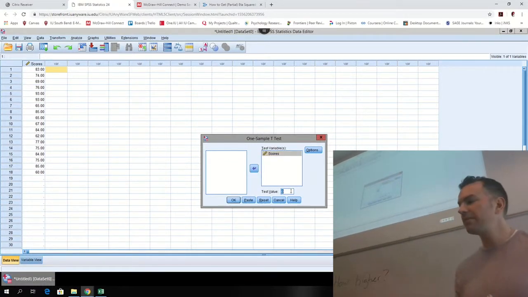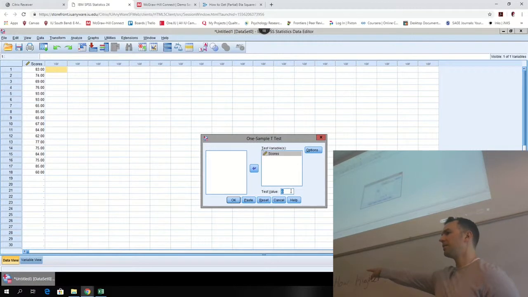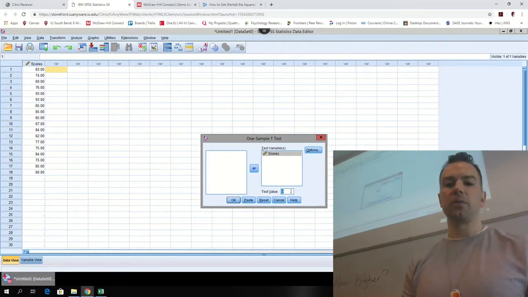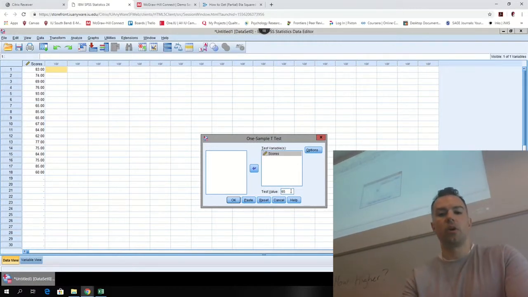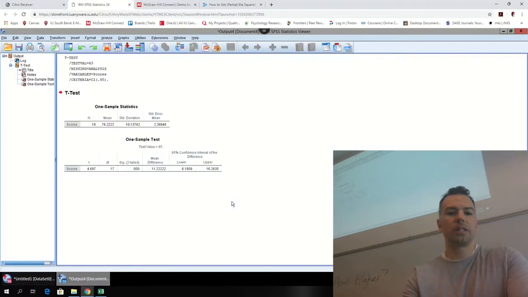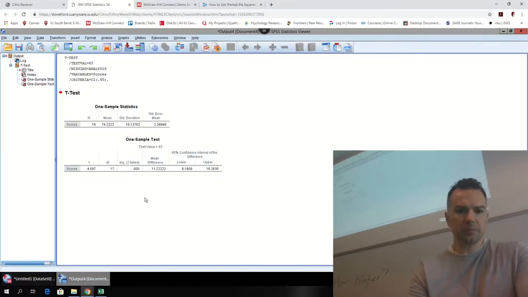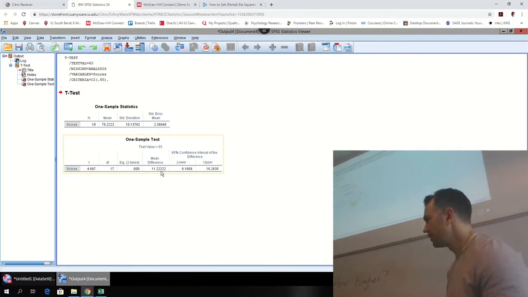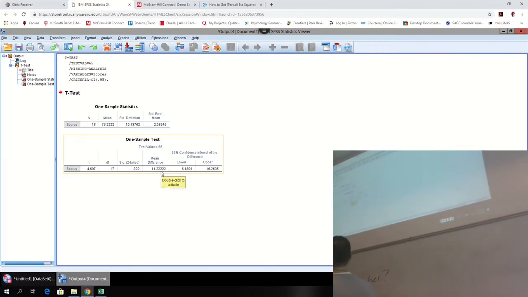And then for the test value, we have to put in the self-esteem that they had last year, which is 65. Then we go to options and we put in our confidence interval percentage. And you'll notice that when the results come out here, we have a mean difference of 11.2. So that 11.2 is our estimate of how much higher their self-esteem is this year.